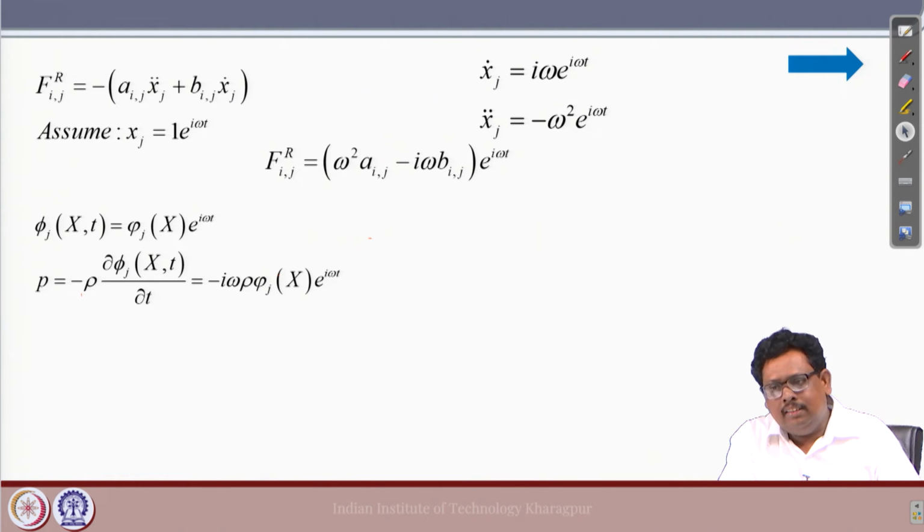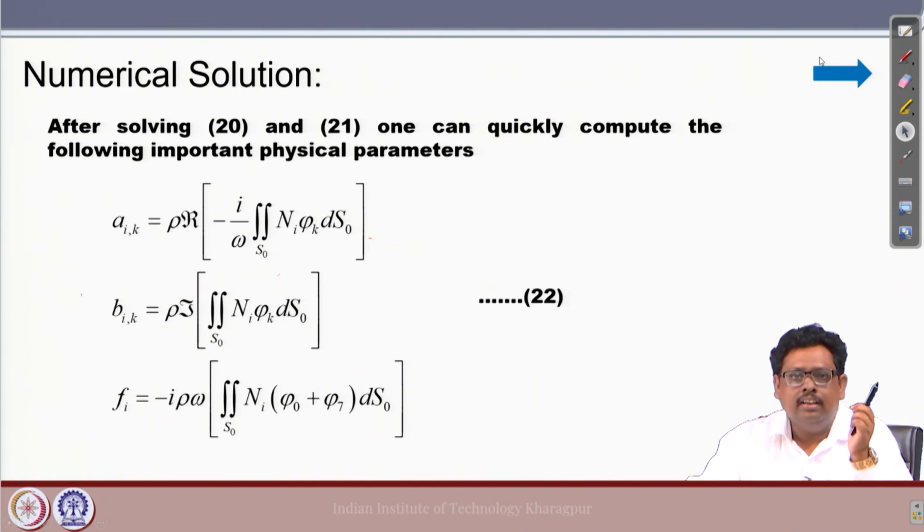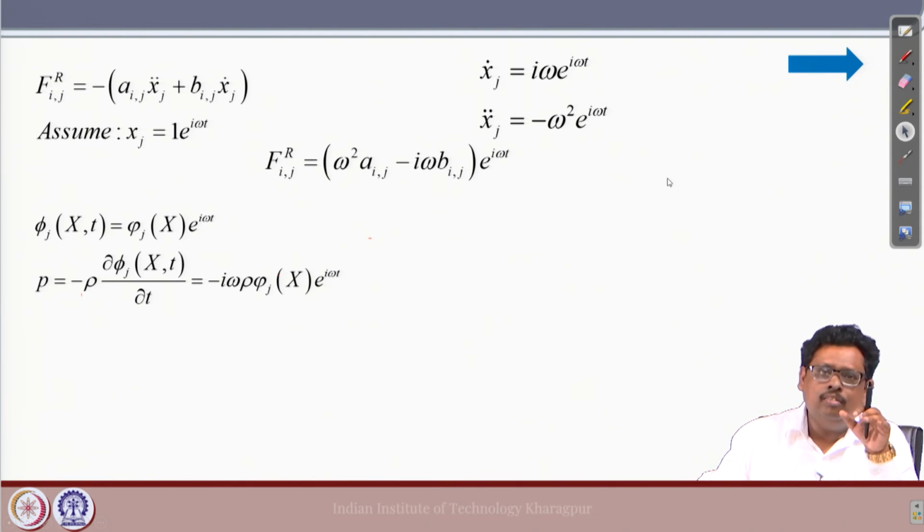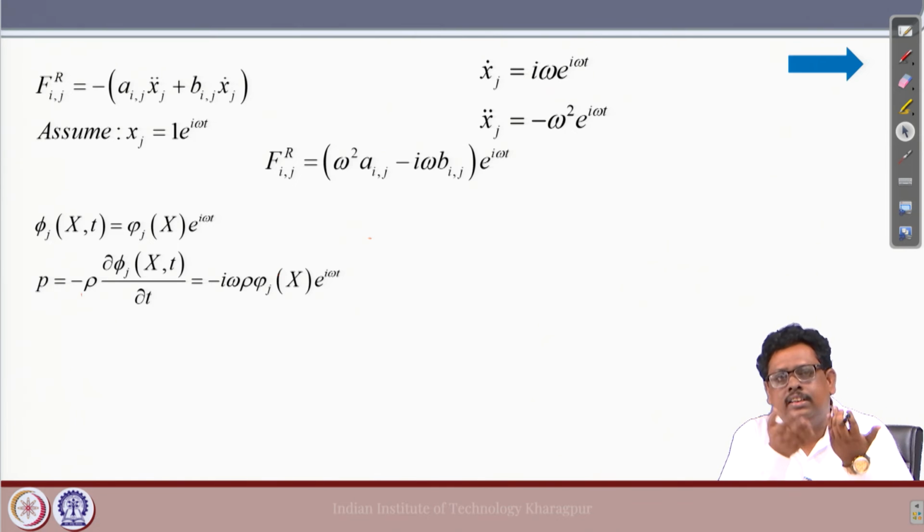So, solving that equation, I get the value for phi_k, right. Once I get the value for phi_k, the next job is to get the pressure, that means the radiation pressure field.